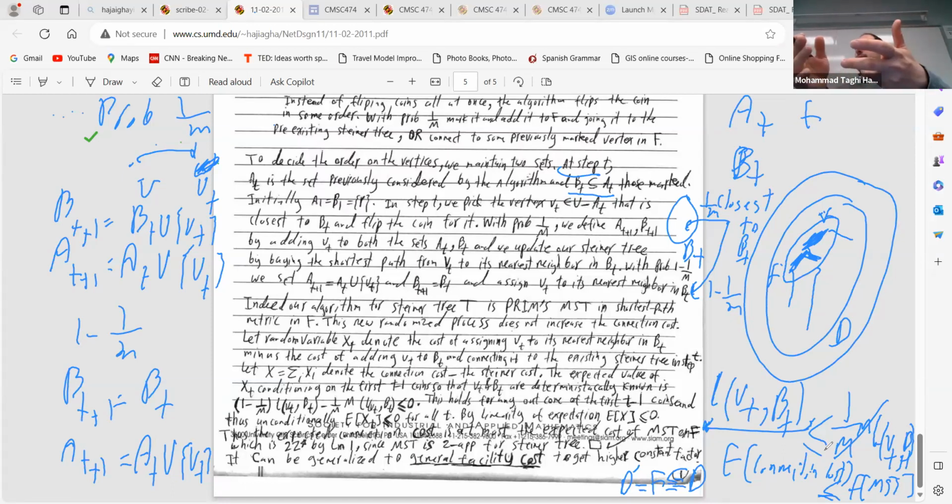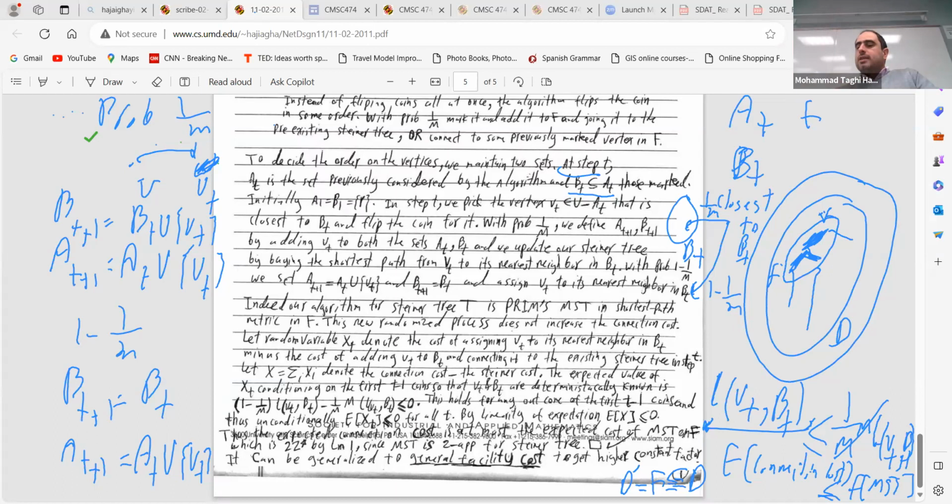I essentially de-randomize that part. For those guys that I'm just paying the connection cost, that is less than the expected cost in the MST.